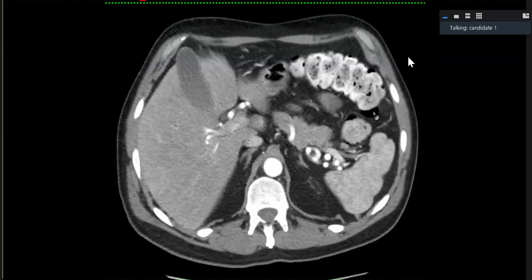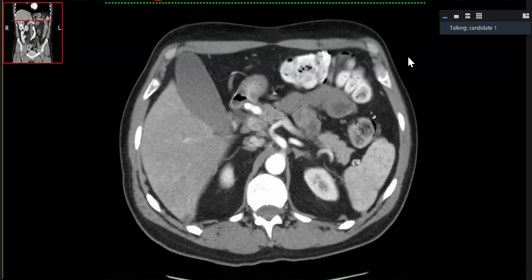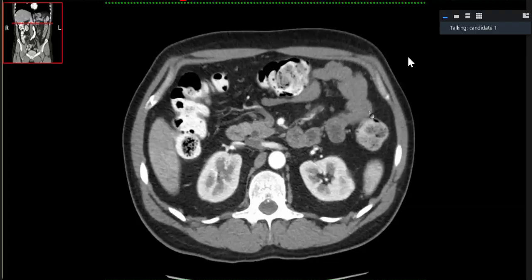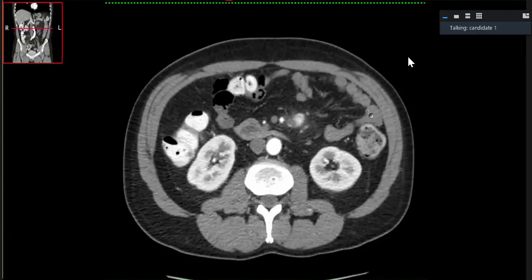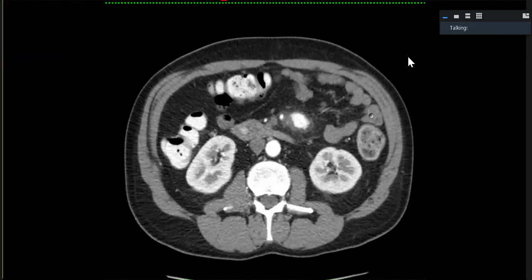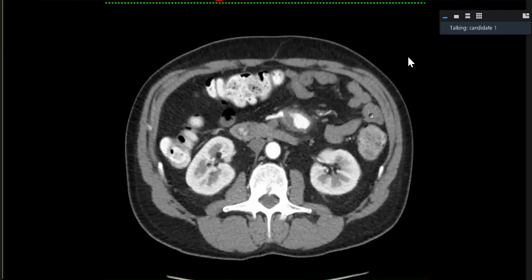I want to see if there is any other similar aneurysm, and the patient has a history of hematemesis as well, related to the stomach or to the duodenum. Yes, there is hyperenhancement seen in the second part of the duodenum.